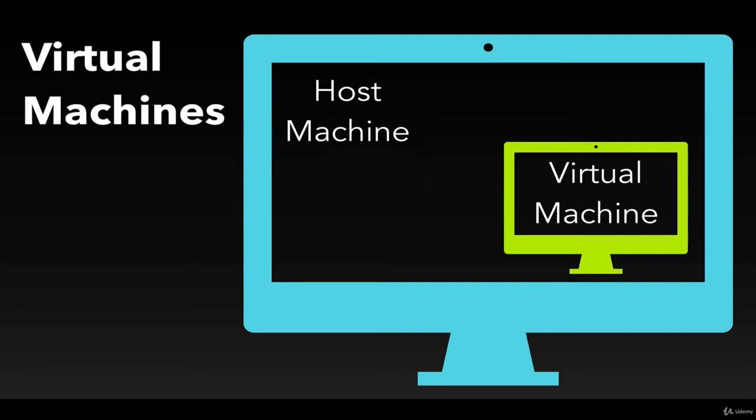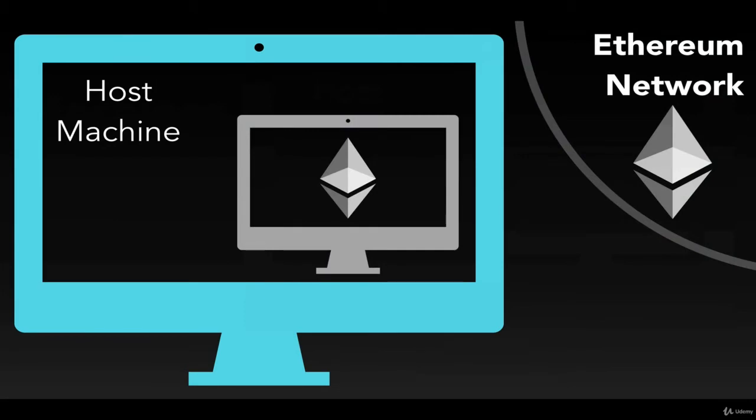So what does this have to do with Ether? There are some security implications here. This is why Ethereum runs in a virtual machine: to sandbox it from the rest of a computer. Pictured here is a host machine with the Ethereum virtual machine running in it. The EVM is a full-fledged but very simple computer that is run on every miner's computer. Now, why do we do that?